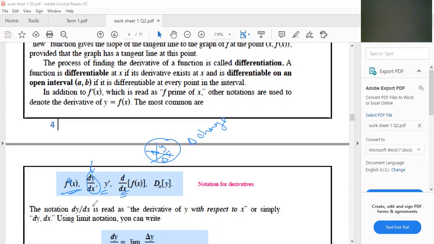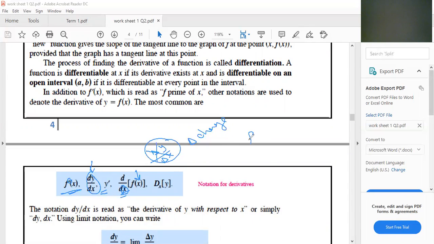When we find the derivative, I have to know: I find the derivative with respect to which variable? X, Y, Z, any variable. As the function of any variable, I find the derivative with respect to this variable. Since this is a function of the variable x, I find the derivative with respect to x.